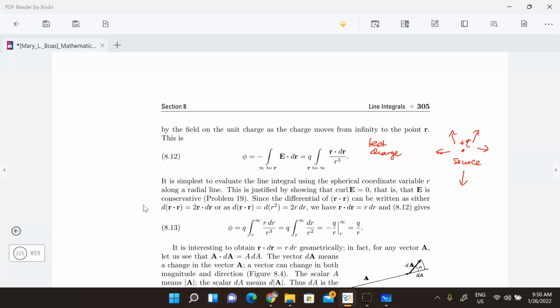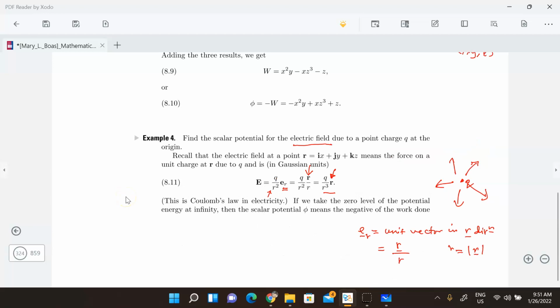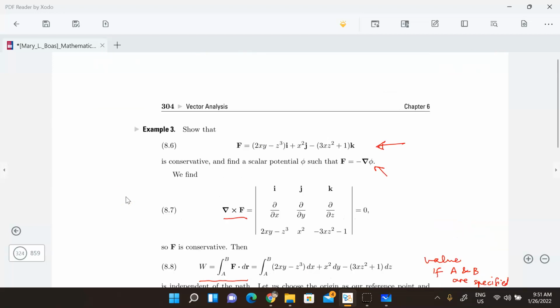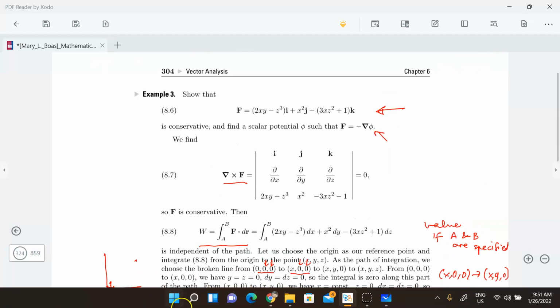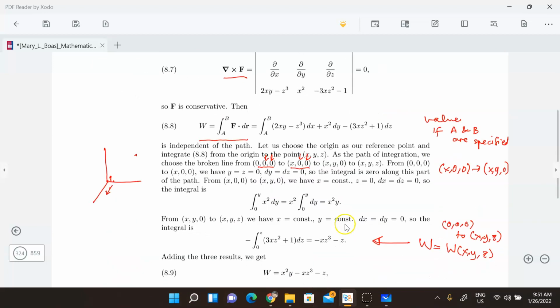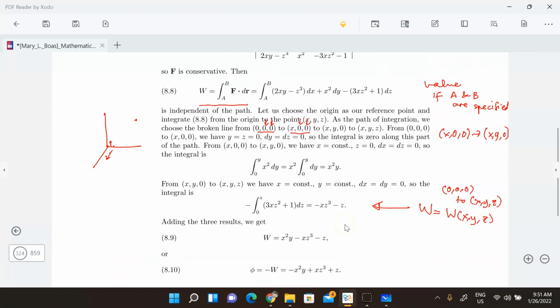Okay, so in this particular case, one normally has this convention to take the charge from negative infinity, sorry, from infinity to the point r, where the point r is simply x, y, z. Okay, remember in the earlier case just now, if you want to find the potential, you do this kind of thing.